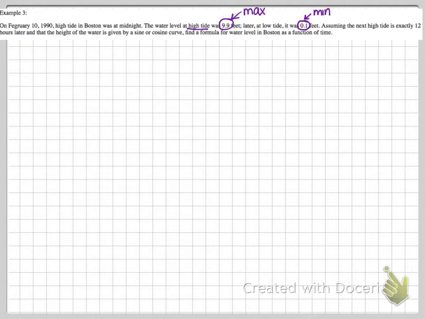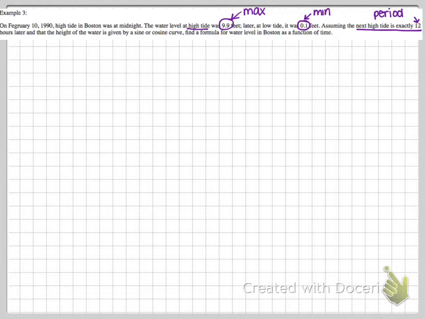If I'm going to end up at high tide again in exactly 12 hours, that 12 hours is going to be my period. So I've got a period, I've got a maximum, I've got a minimum, so I can go ahead and solve this.